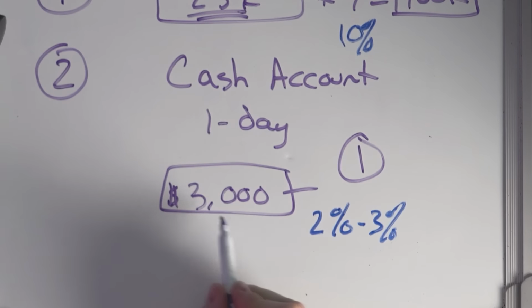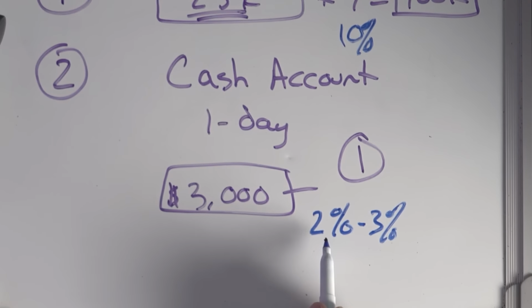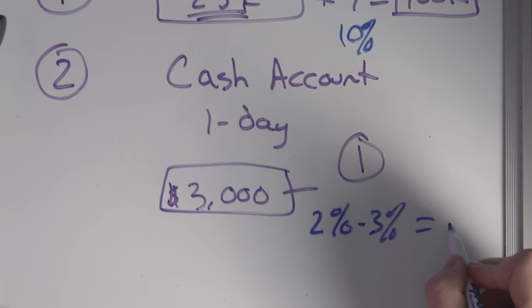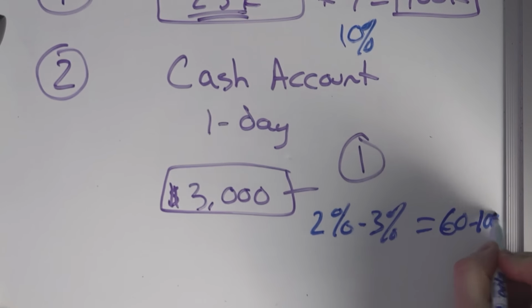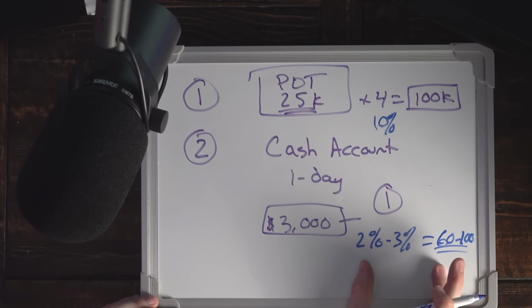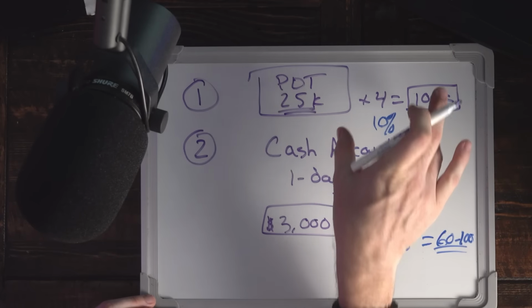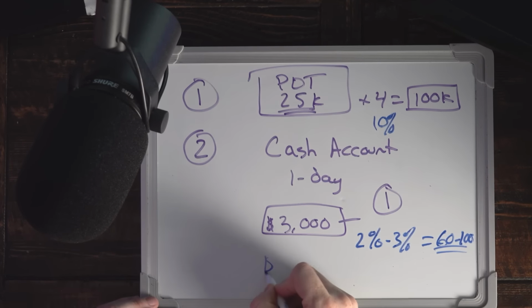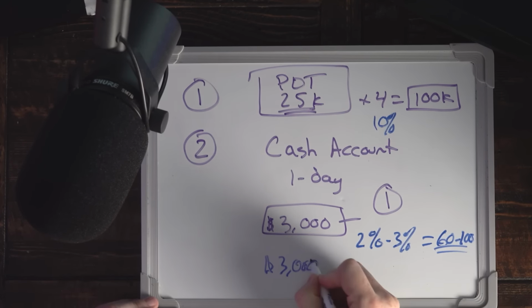So even with a $3,000 account, the amount that I could make per day is like $36, so $60, maybe $100, which, I mean, you can't really complain, but $60 to $100, let's just say, rough numbers.